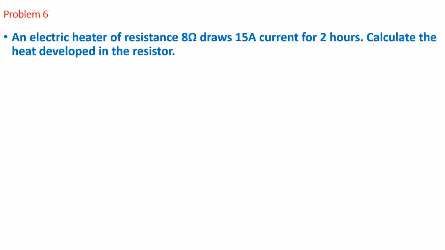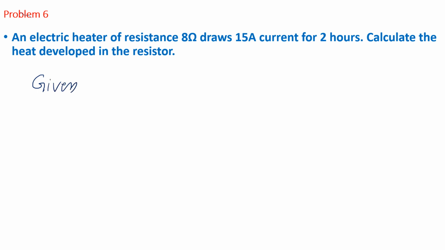The next question: an electric heater of resistance 8 ohm draws 15 amps of current for 2 hours. Calculate the heat developed in the resistor. So we have to write the given values.